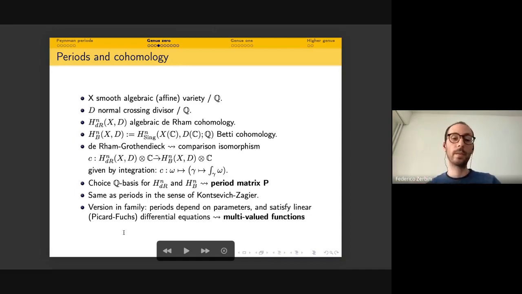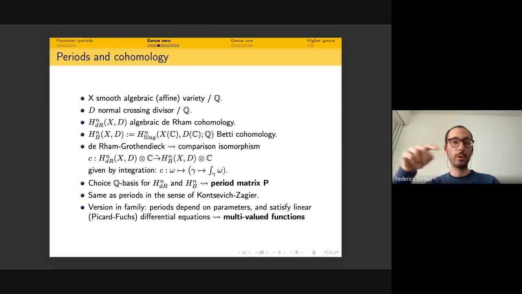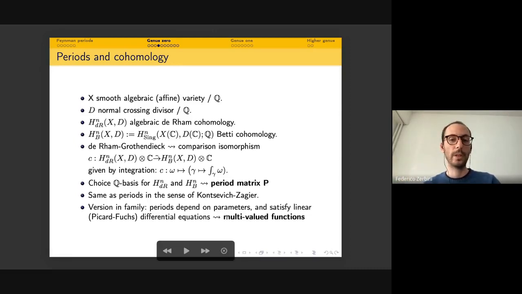This is a consequence of the fact that cohomology is finite dimensional, essentially. And your period functions then will be some local solutions of these differential equations that will depend, in general, on the path you analytically continue them on your base space. And so they will give you multi-valued functions of the parameter.